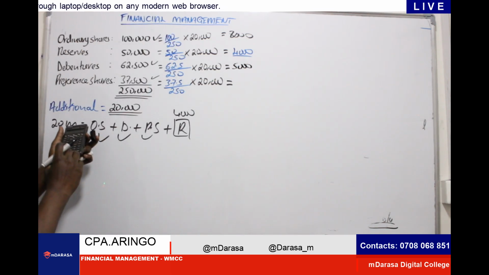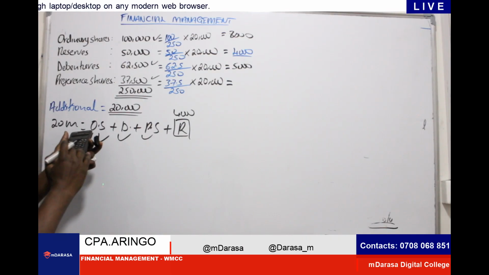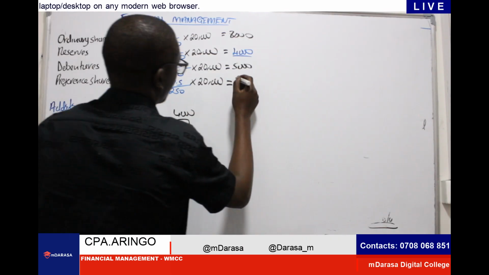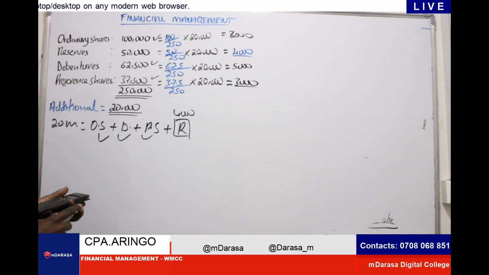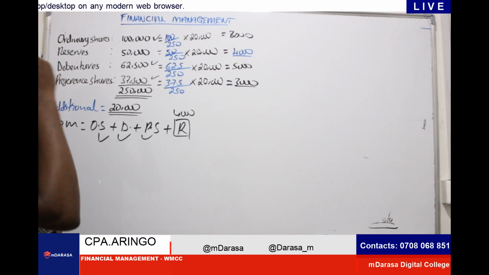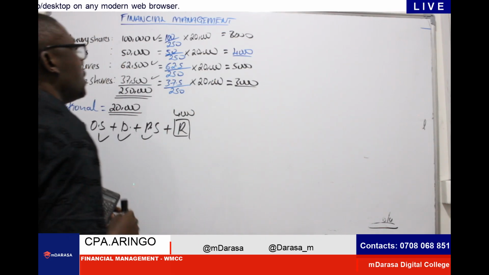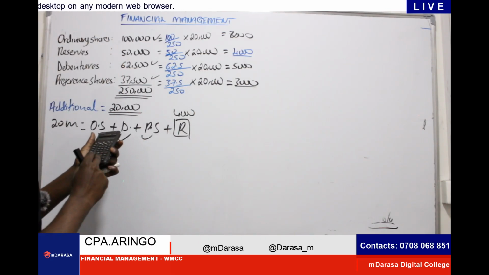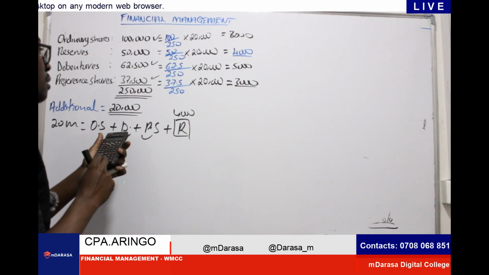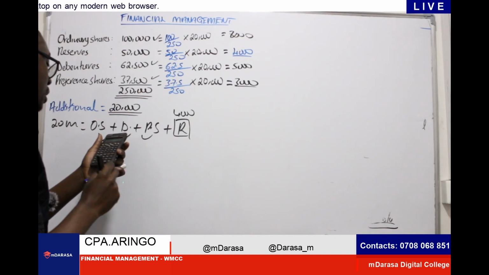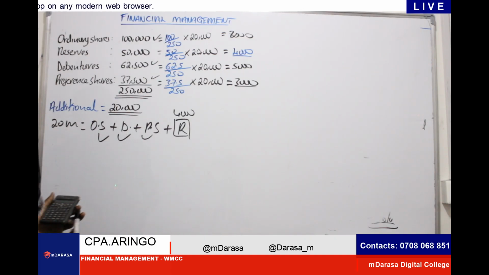And finally, 37.5 of 250 times 20,000 will give us 3,000, see? So from each source, this is what I should be having: 8,000 plus 4,000 plus 5,000 plus 3,000, giving us the value of 20.